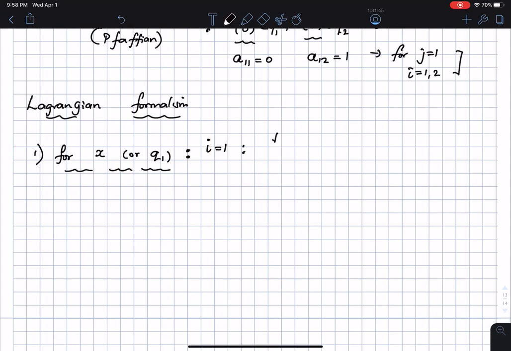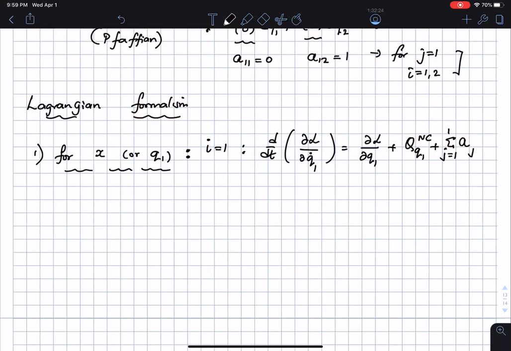We have d by dt of dL by dq1 dot, okay, this is q1 dot, I just want to make a note of that, equals dL by dq1 plus q1 nc, plus summation j is equal to 1 to 1, because I have only 1, of a j1 times lambda 1.